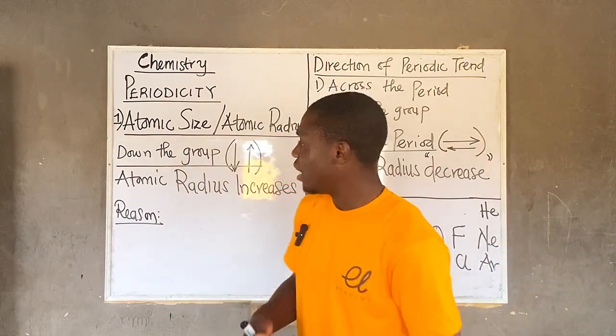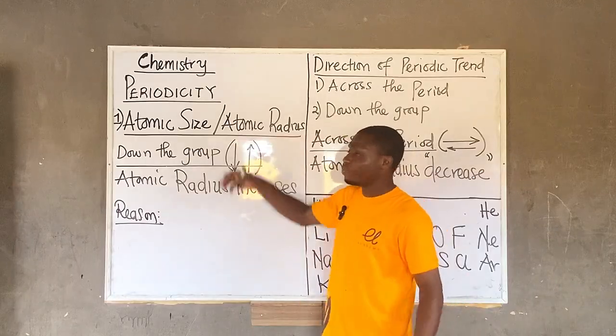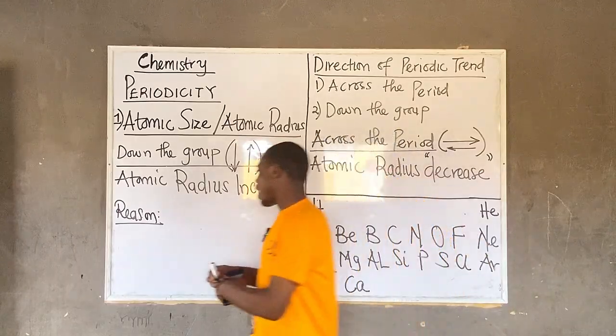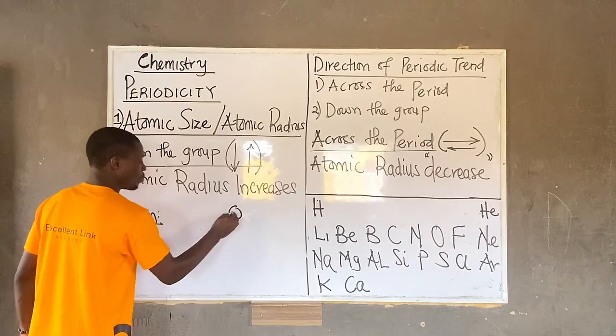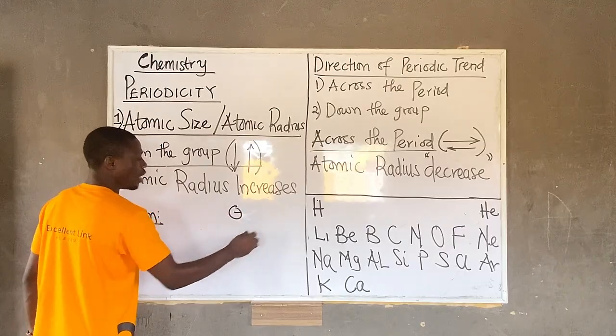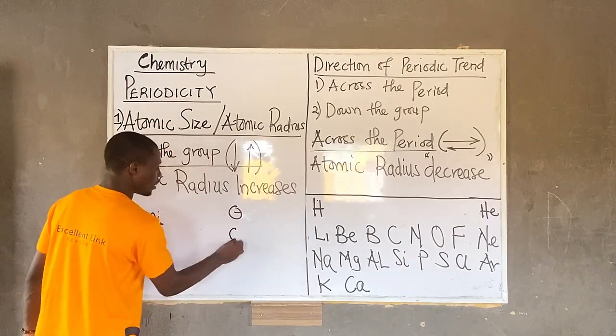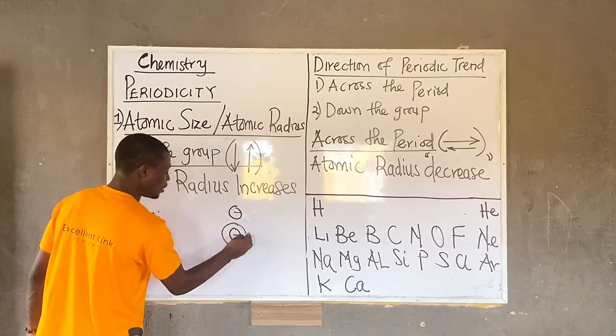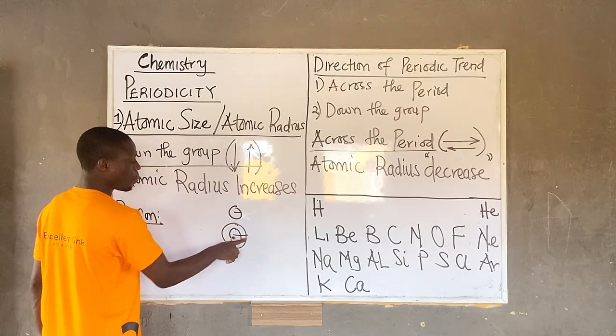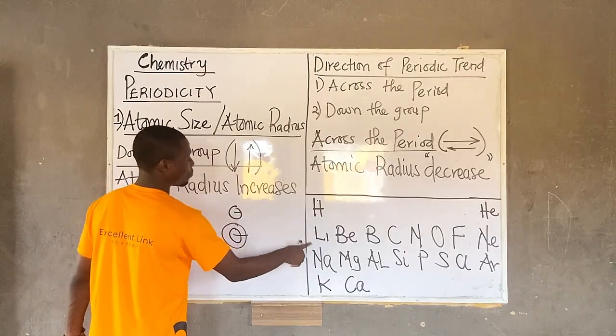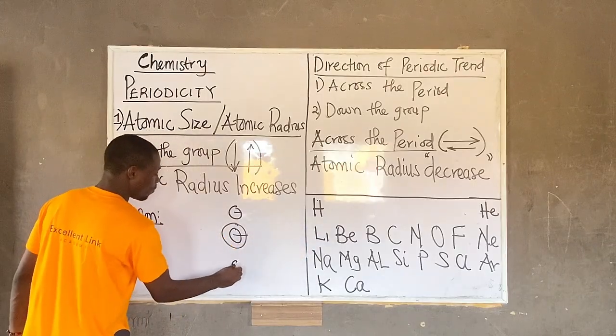Because of that, you see that atomic radius becomes bigger. Hydrogen has this atomic radius, helium has two shells, so observe it becomes increasing. Lithium, and if I have sodium, it is more like this.